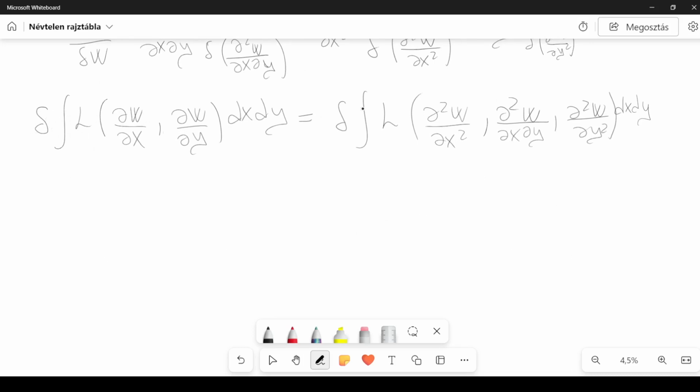So once you integrate the second one by parts only once, because when you take the variation of this, you have the change in the Lagrangian, and that multiplies the change in dw dx, and then you also have the change in dw dy. And once you integrate this by parts once, you can also go back to the change in dw dx.